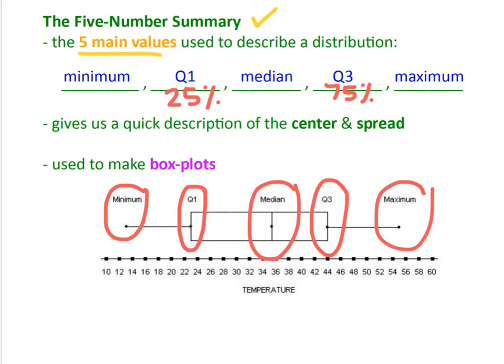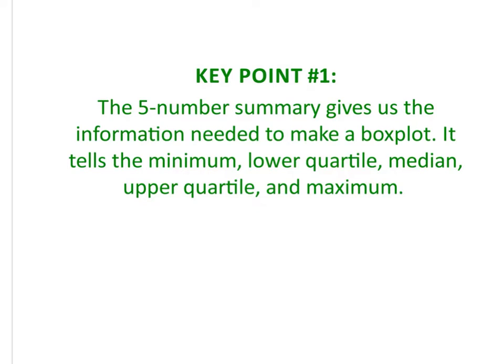We're going to be making a lot of box plots in this course, and today is an introductory lesson on how to make them and analyze them. So key point number 1, the 5-number summary gives us the information needed to make a box plot. It tells us the minimum, lower quartile, or Q1, the median, the upper quartile, or Q3, and the maximum.